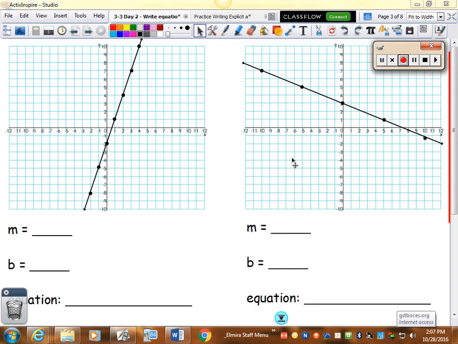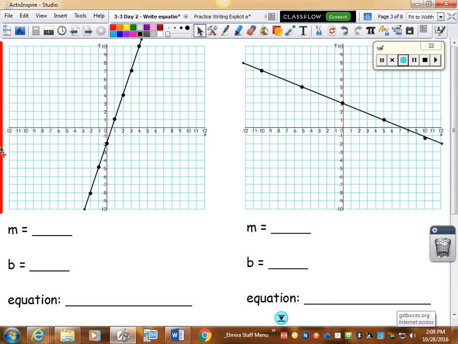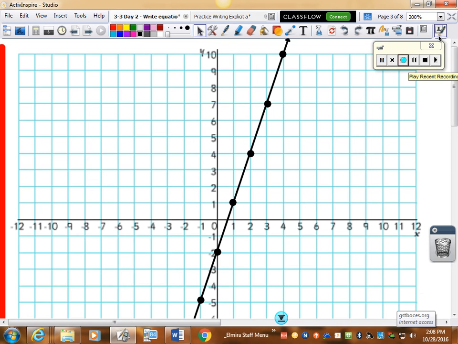Okay, I'm going to use these two examples for the video from the notes. Let me move this over to here. I'm going to blow this up a little bigger so it's easier for you to see at home. First thing I want to find is my m, my slope. And remember that's rise over run. We did this the other day, lesson 3.2.